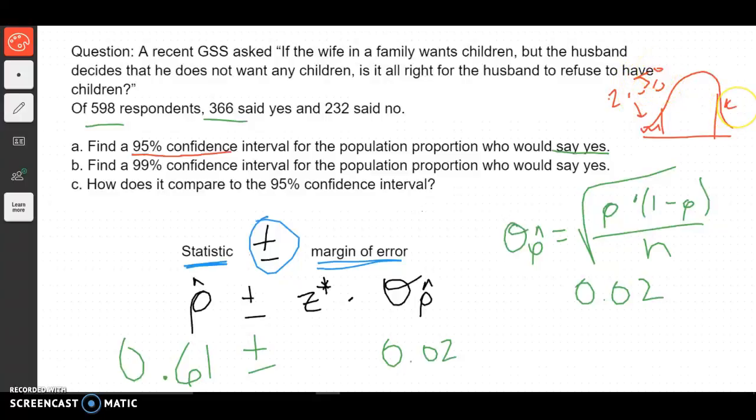Yesterday, we just used the 68, 95, 99.7 rule. Today we're actually going to use our table. We're looking for a Z star value where we have 2.5% on each side. So let's look at a table.